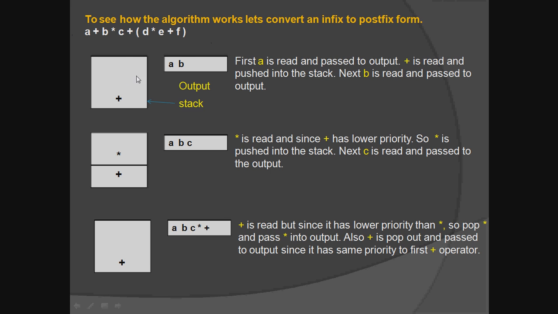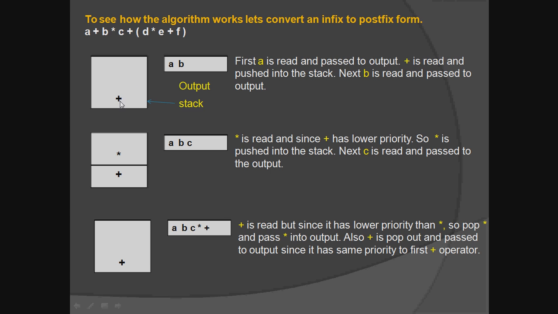Here you can see this is the stack and this is the output. First, a is read, since a is entered first, and it is passed to the output. Then the next symbol is plus. It will be read, but pushed into the stack, into the first array element.